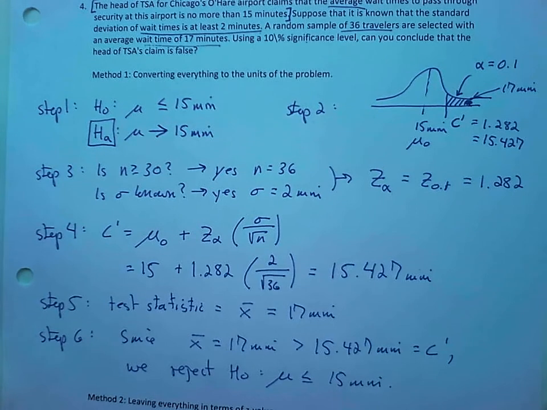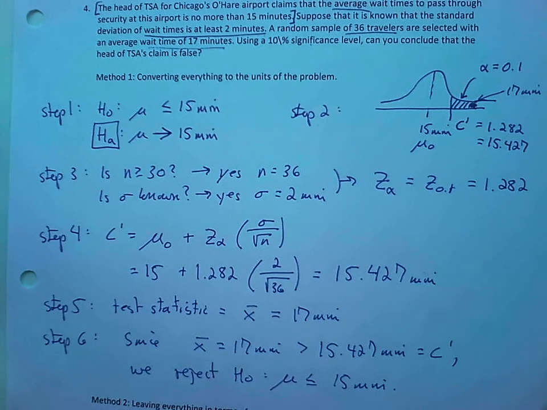Which should make sense because common sense tells us that wait times at Chicago's O'Hare International Airport are always more than 15 minutes. But using the numbers in this problem, this is the conclusion that we should come to as well.